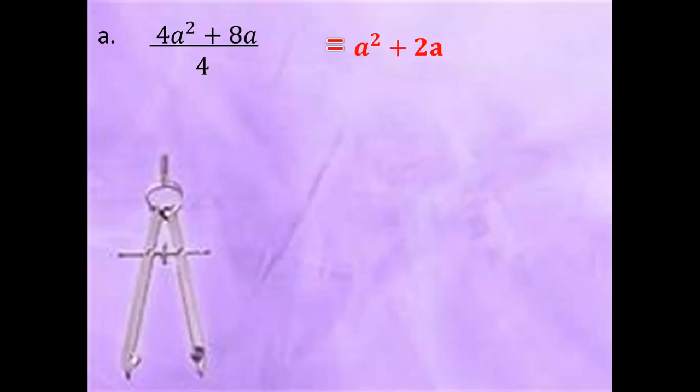Letter B, Fuji, what is your answer? Fuji, letter B, 3 divided by 3, 9. Okay, 3b squared divided by 3, 9b divided by 3, minus 12 divided by 3.